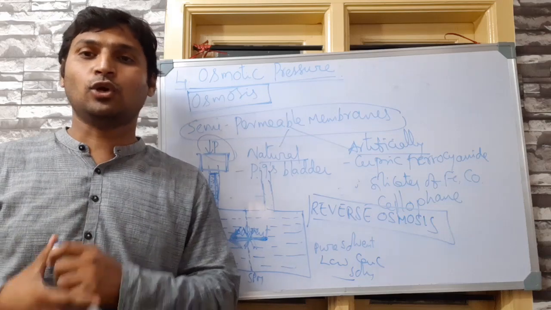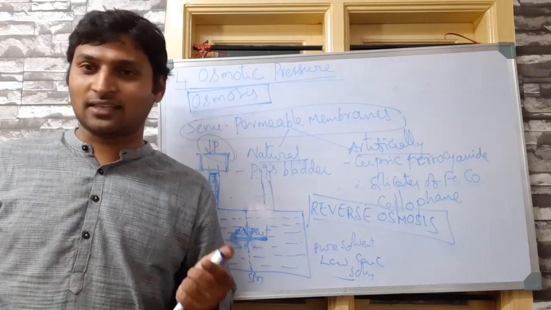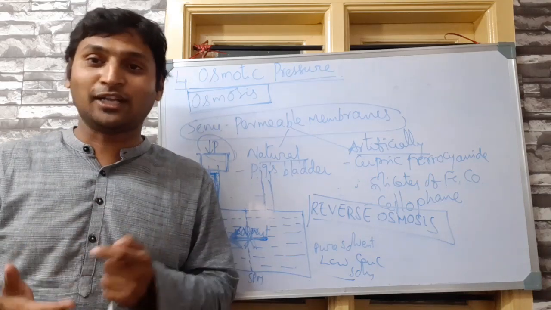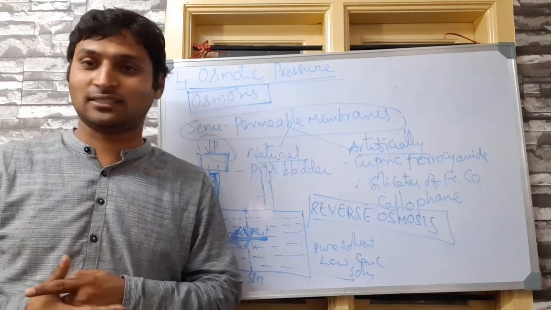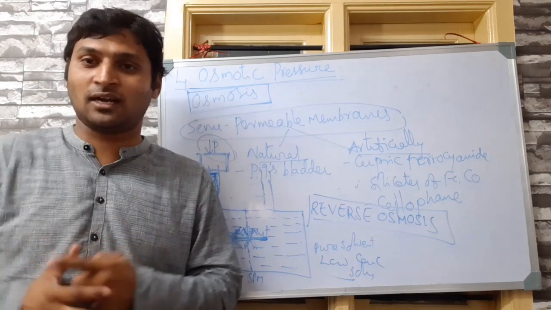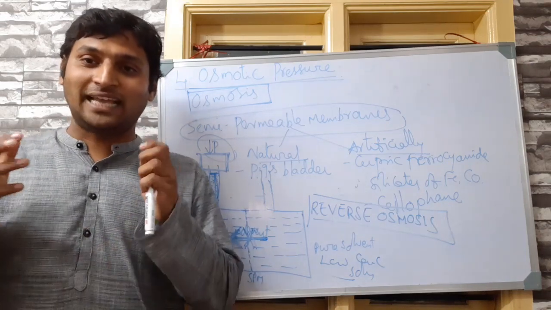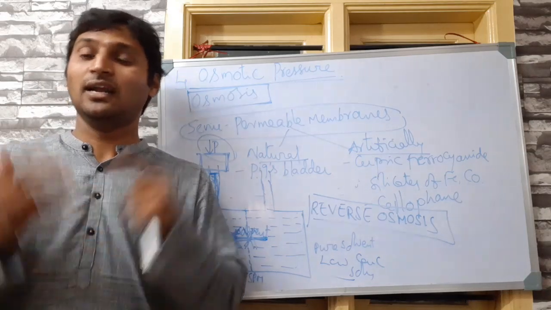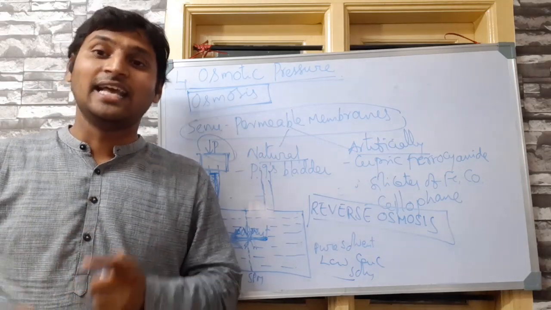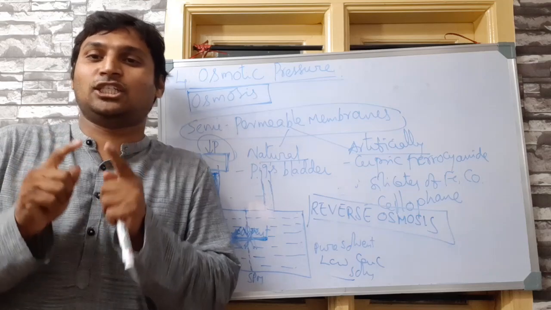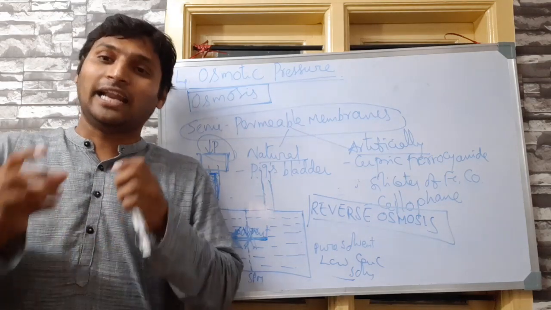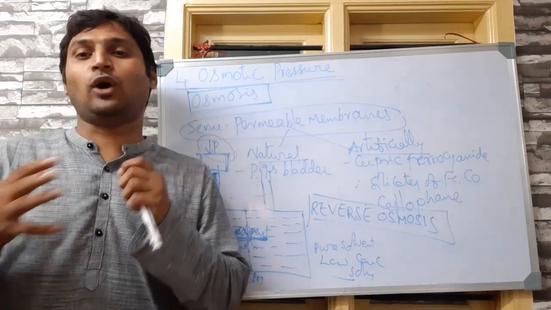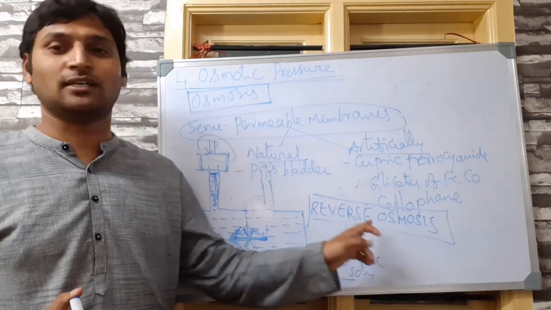Yes or no? So 3/4 of our planet is covered by water, but only 1% of that is fresh water. Majority of it is locked in seas or oceans, which is not potable, which is not drinkable. Now, the areas where there is huge scarcity for drinking water or fresh water, they do desalination, or removing salinity of water from seawater, by applying reverse osmosis.